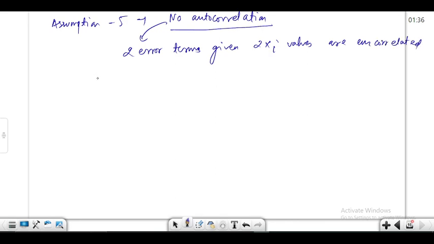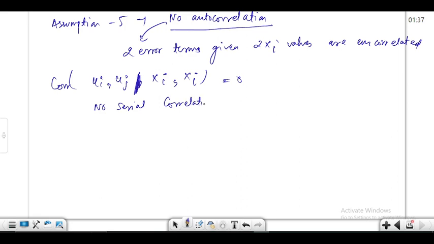So suppose I have ui, uj for xi, xj. The correlation between them is equal to 0. This is also called no serial correlation. So this is also an assumption.